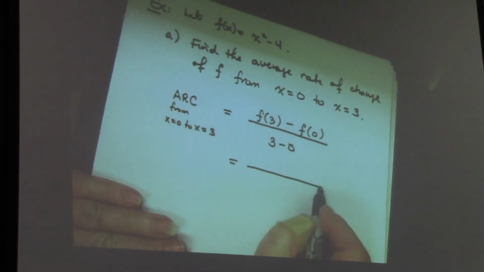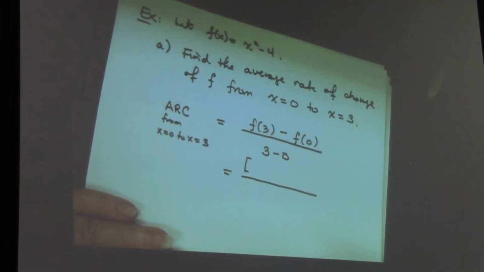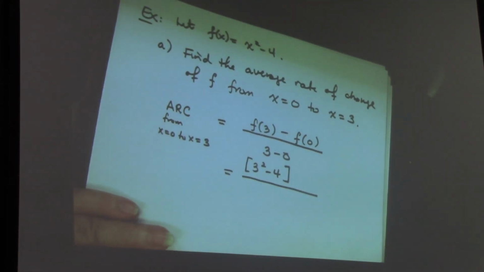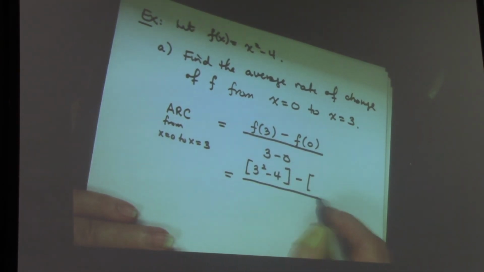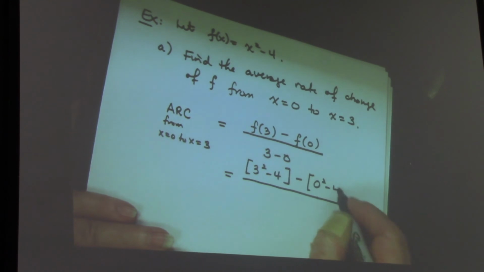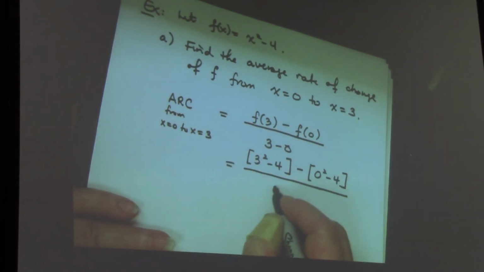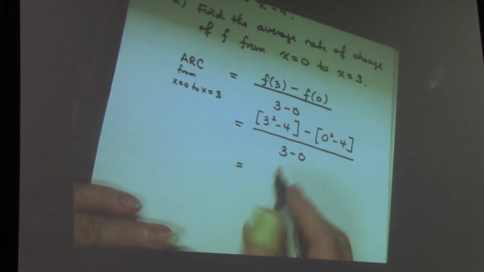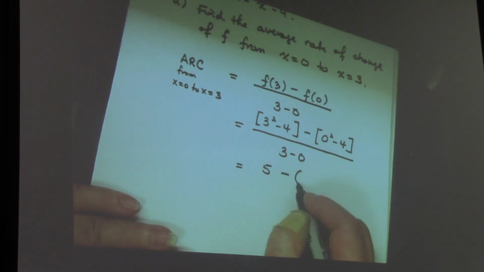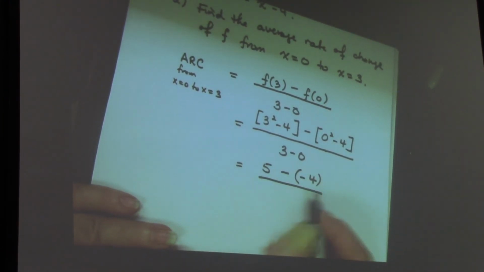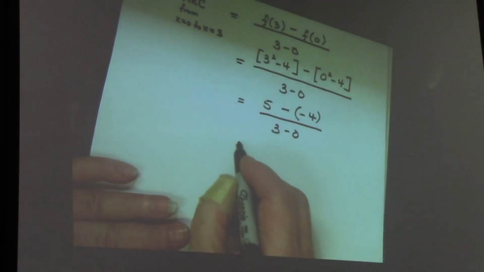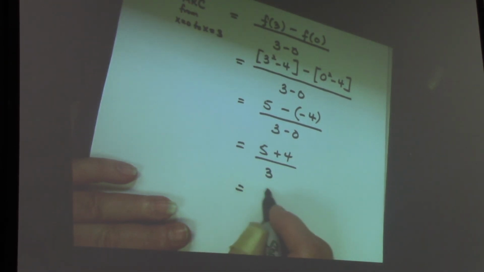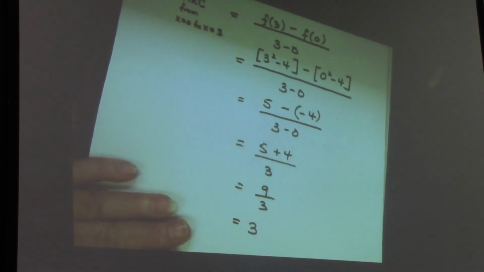So what's f of 3? 3 squared minus 4, 9 minus 4, or 5, minus, what's f of 0? 0 squared minus 4, or negative 4, over 3 minus 0, which is of course 3. So we got 5 minus negative 4 over 3, or in other words, 5 plus 4 over 3, or 9 over 3, or 3.